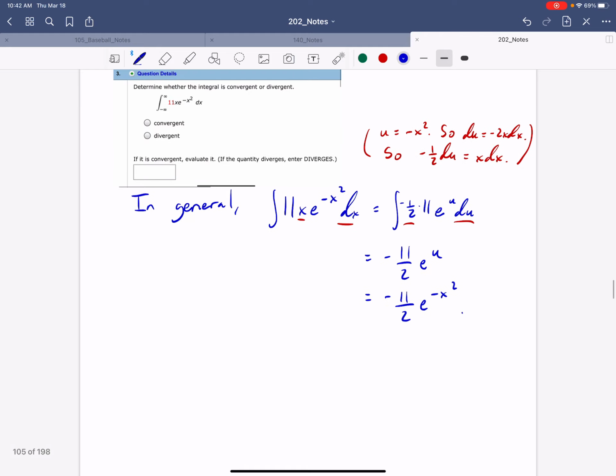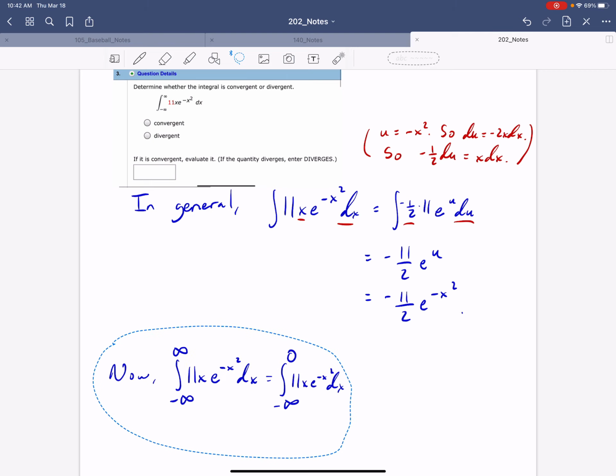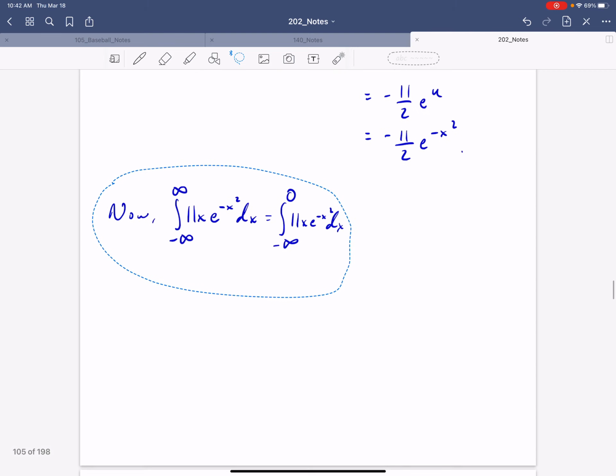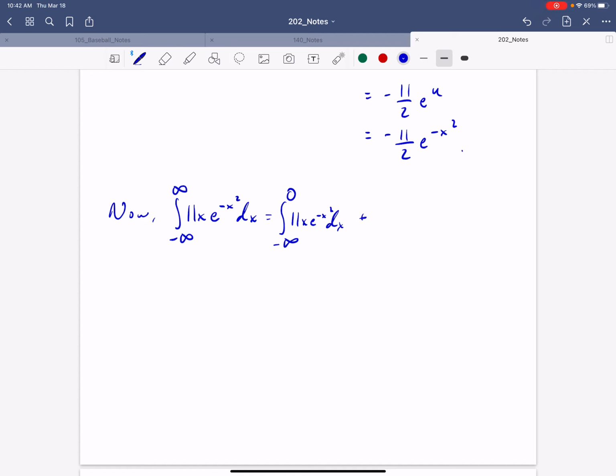Now we see that we've got plus and minus infinity in the upper and lower bounds respectively, so we need to split this integral up. On a quiz or exam, you don't need to write that it equals its two components. You can just integrate each of the two components.